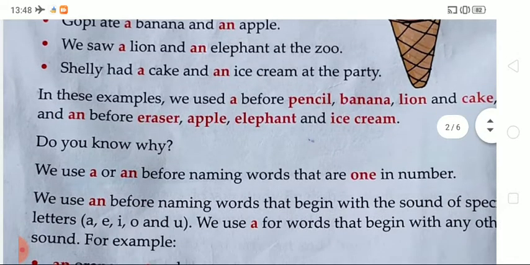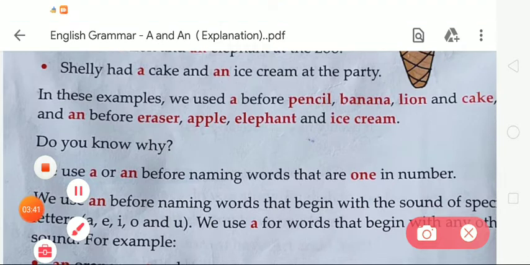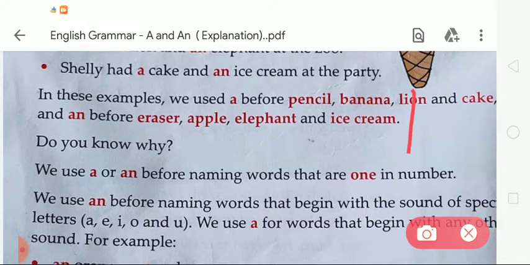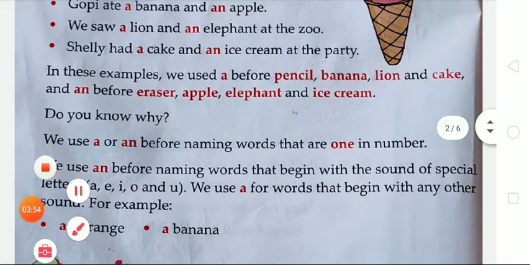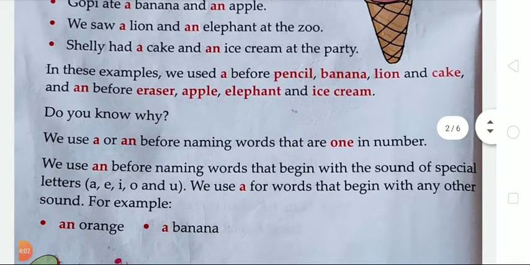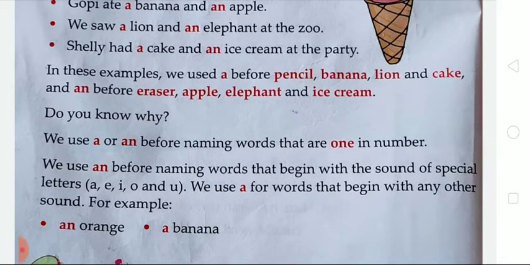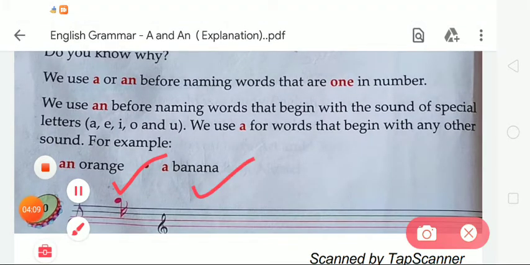The reason is that we use a or an before naming words that are one in number, and we use an before naming words that begin with the sound of the letters A, E, I, O and U. We use a for words that begin with any other sound. For example, we can say an orange, a banana.